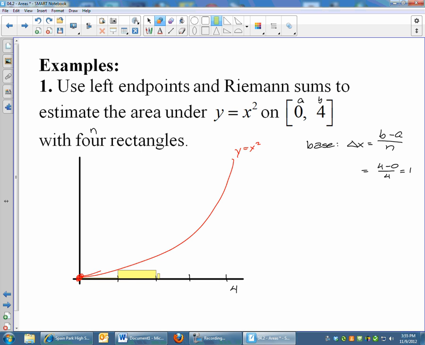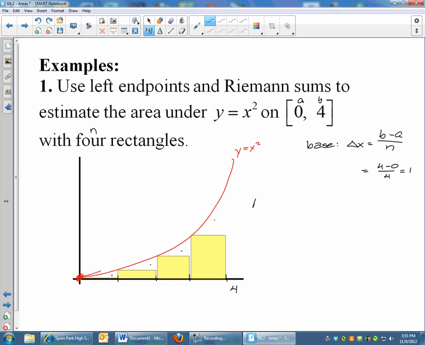My third rectangle, I'm going to go from 2 to 3, and I'll go up until the left point hits the curve. Fourth rectangle, up until the left point hits the curve, and that's going to be our area approximation. And it's a bad approximation because there's a whole lot of area we're not accounting for in these little regions. So this is going to be a bad underestimate, but this is what we're going to do.